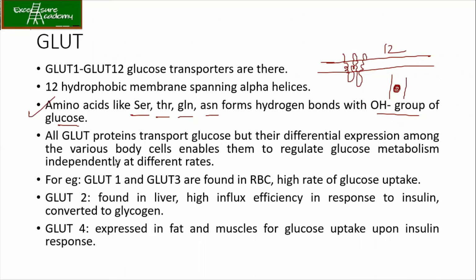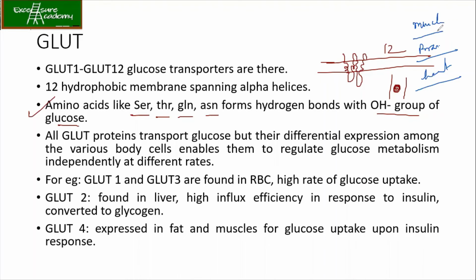Okay, now all GLUT proteins transport glucose, but their differential expression among the various body cells enables them to regulate glucose metabolism independently at different rates. So what does it mean? See, the requirement of glucose in muscle cell is different as compared to the brain cells, as compared to your heart cells, as compared to your other body parts, right?